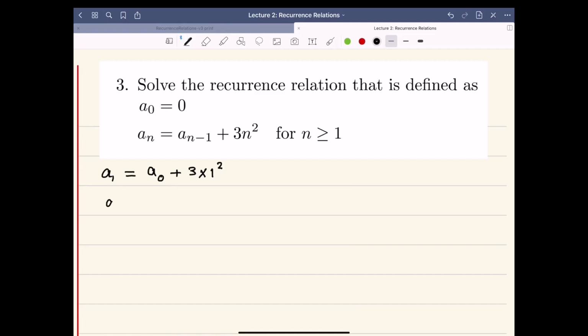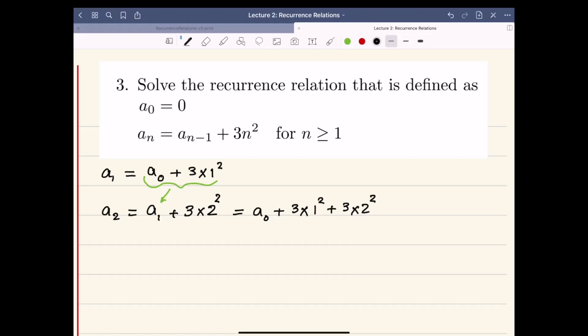Now for a2, it is equal to a1 plus 3 multiplied by 2 square. We have already found the equation for a1. Simply substitute it here, and it will be equal to a0 plus 3 times 1 square plus 3 times 2 square.